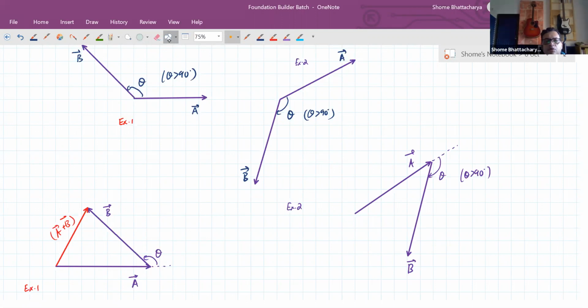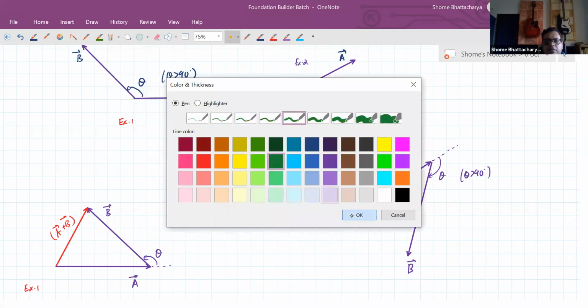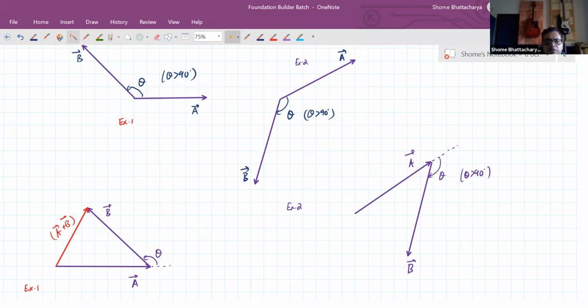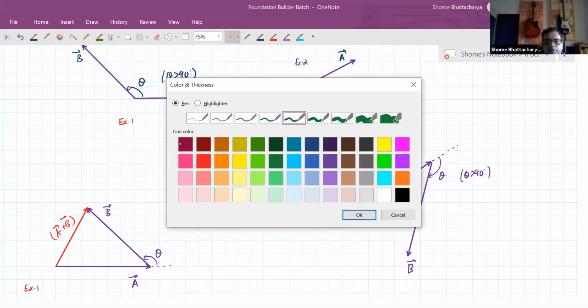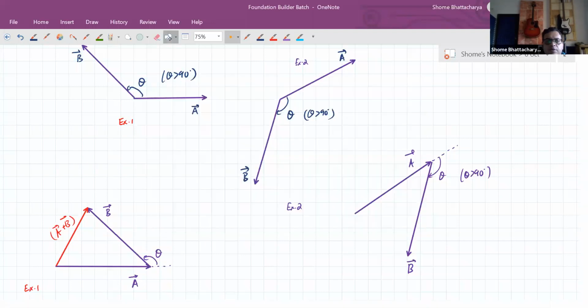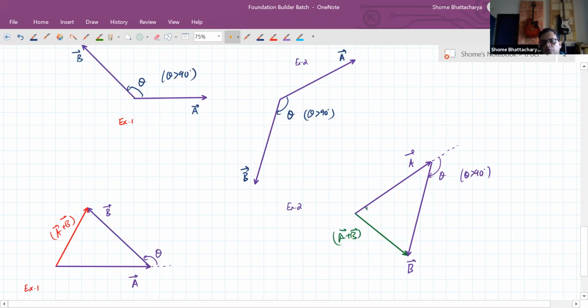So now the thing is, how are we going to implement the formula to find this resultant? It's all very well that we can draw the triangle, but we should be able to apply the formula, no? So how do we apply the formula to find the two things, that is the magnitude of A plus B and also the angle alpha that A plus B is making, so both these things we need to find out.